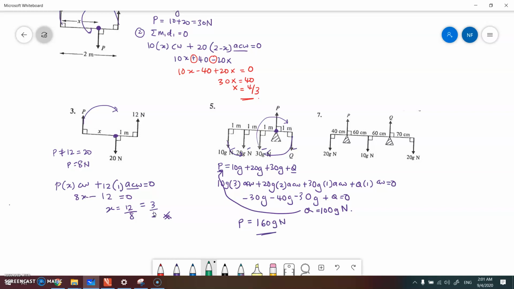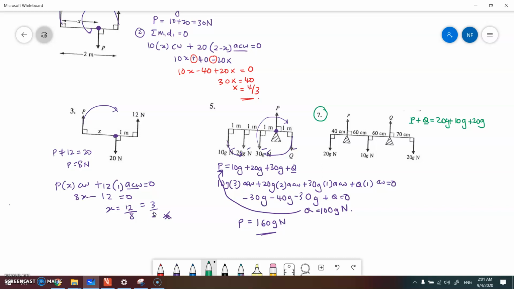Okay, how about question number 7? If you have 2 points here, first you know that P plus Q is equal to 20G. But because you have 2 unknowns, you cannot find P and Q yet.